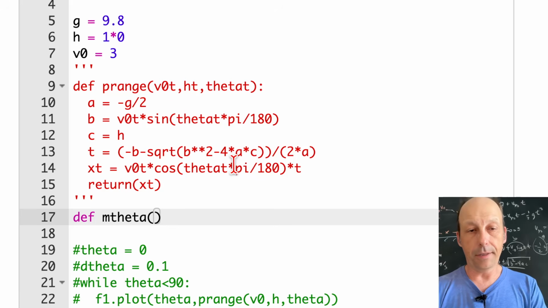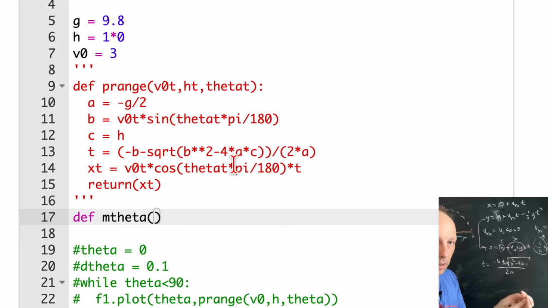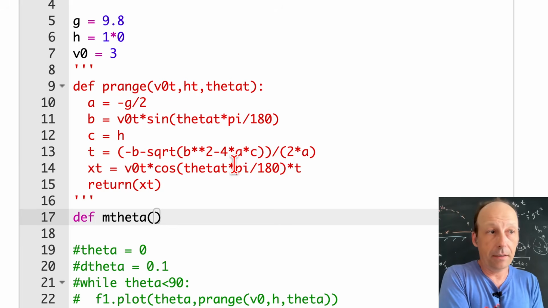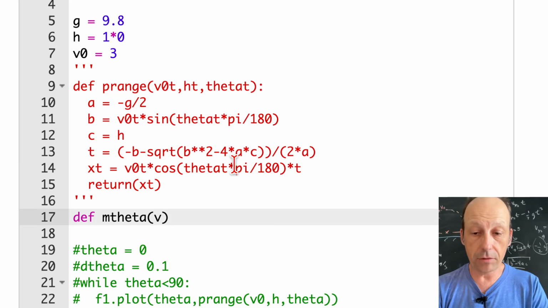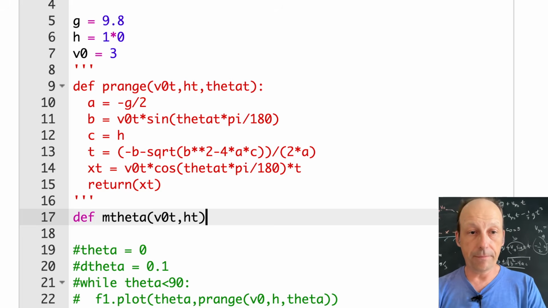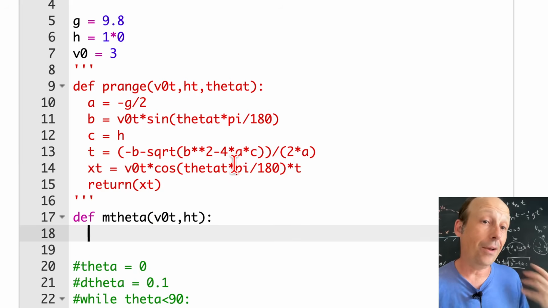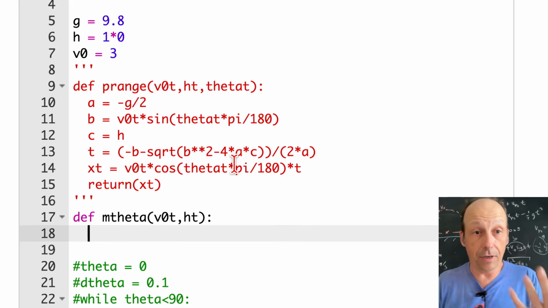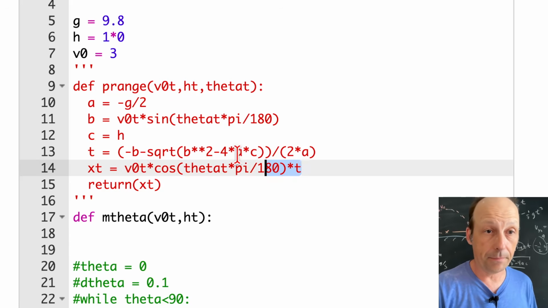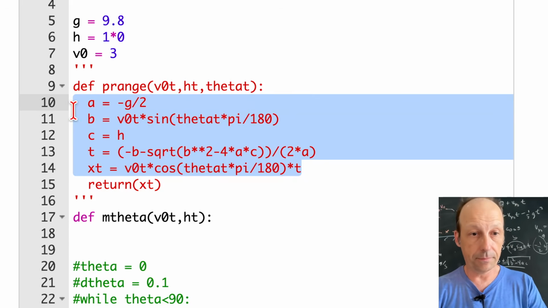I don't know why I'm calling it that. I want to pass to it my velocity and my height, right? And then I want to find the angle that gives me the maximum range. So v0t, ht. I want both those. Now, with that said, I need to do the same thing, right? So I'm going to need to do the same thing right here. I need to do all this.